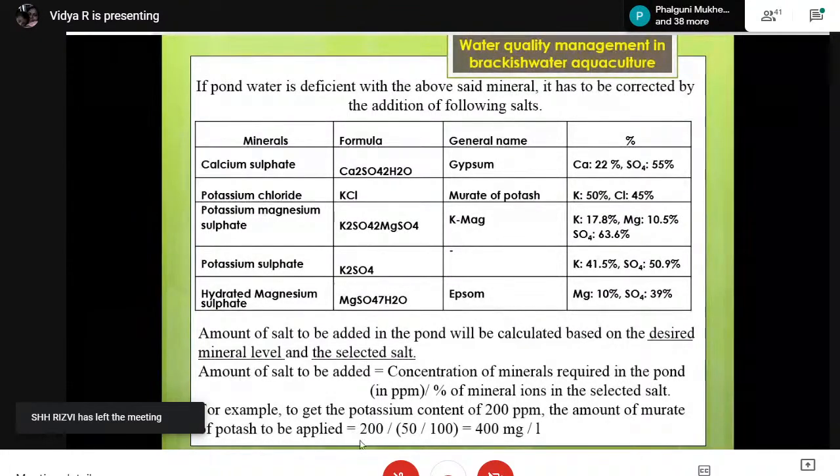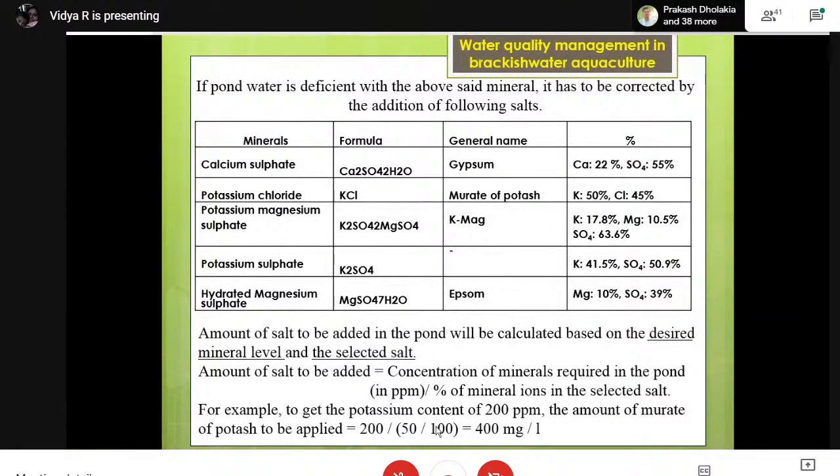So you have to add 200 divided by the 50%. That 50% can be written as 50 by 100. So 200 divided by this much will give you the exact amount of potassium fertilizer to be added to the system. This way it has to be calculated.